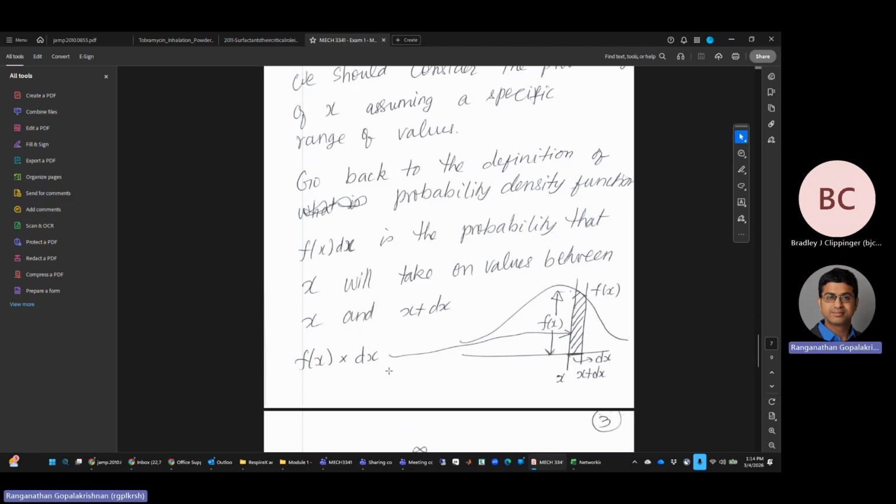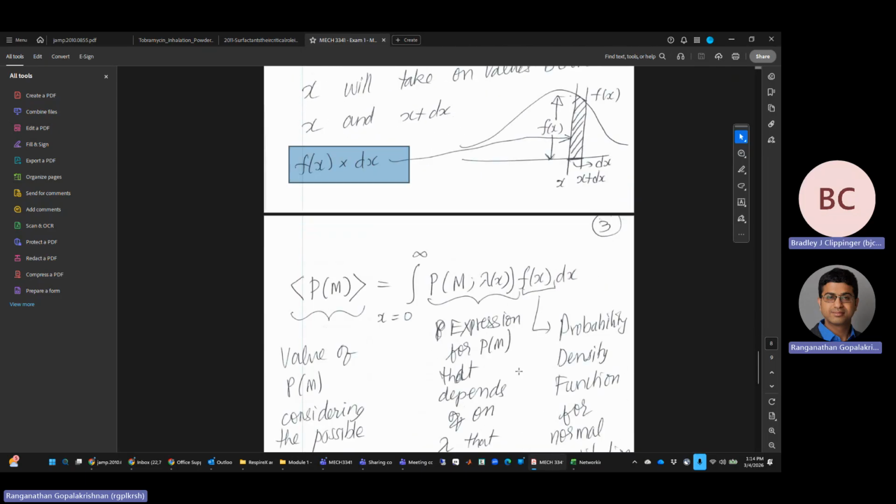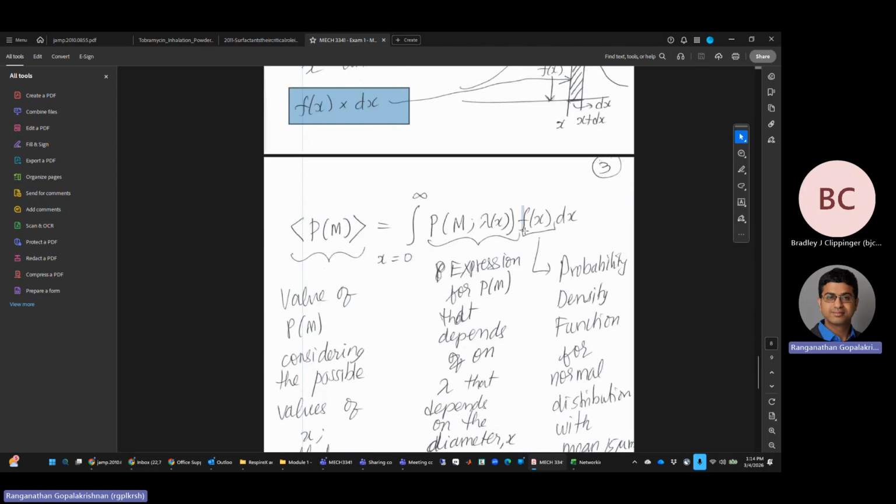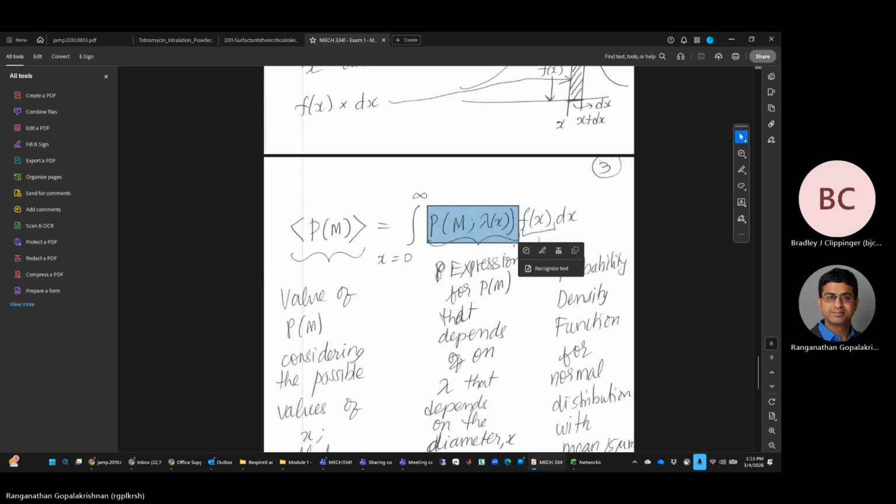This f of x dx is the probability that x will take a certain value. And this P of m is the function whose value you are trying to estimate for all possible values of x.